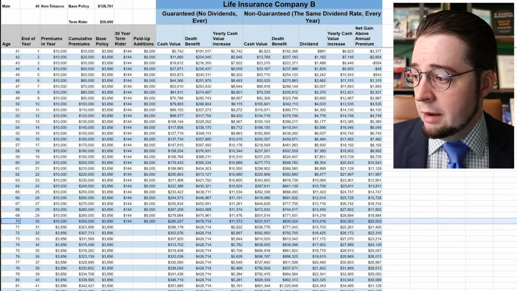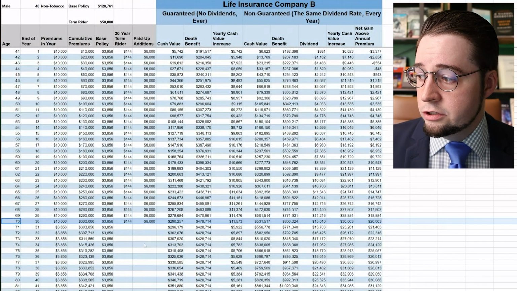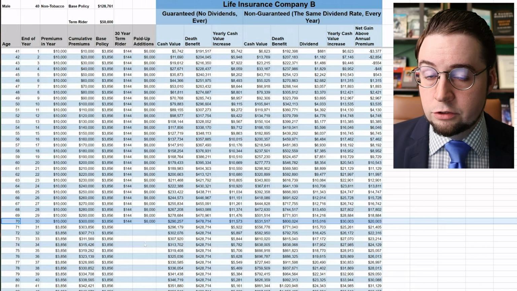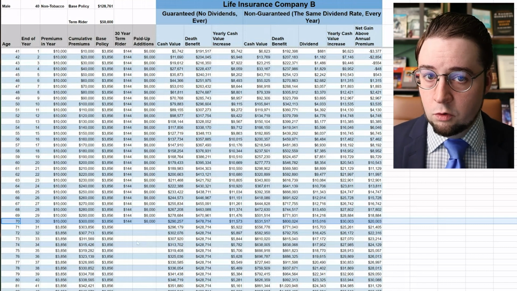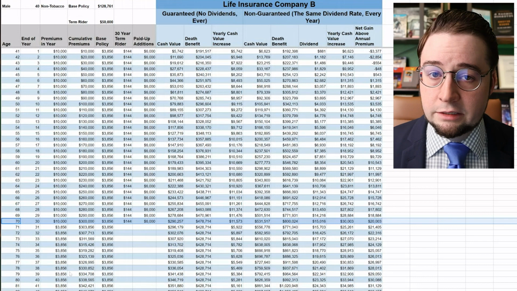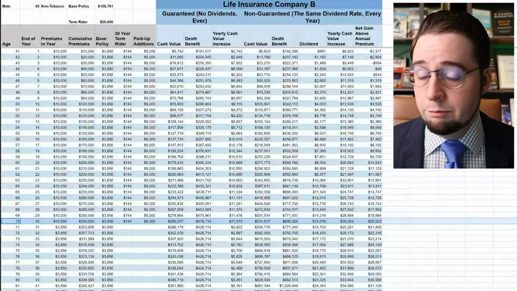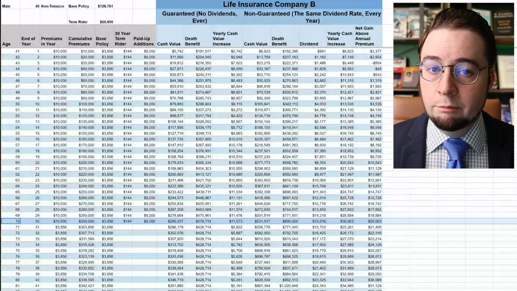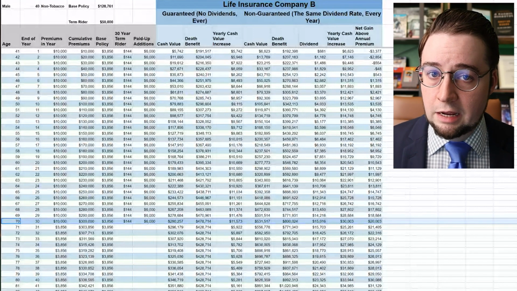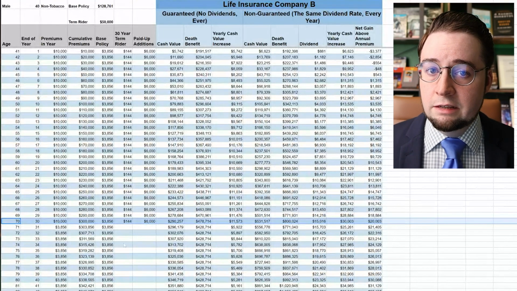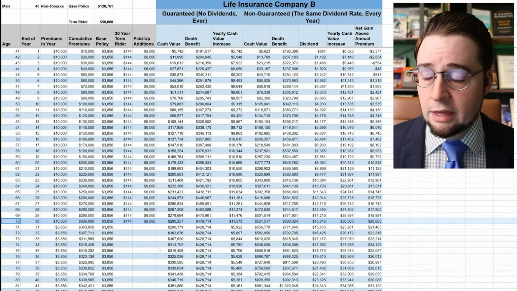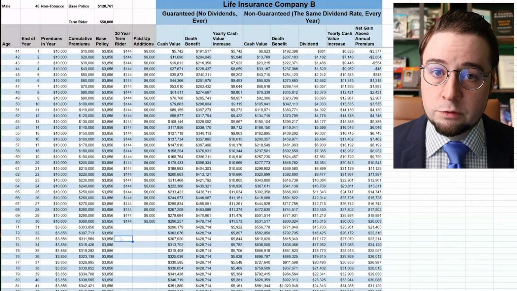Again, we have stopped the 30-year term rider and the paid-up additions after 30 years to try to keep our comparison more or less equal. But this particular insurance company does not benefit by making the policy reduced paid up. There is no increase in dividend growth or anything like that for making the policy reduced paid up.